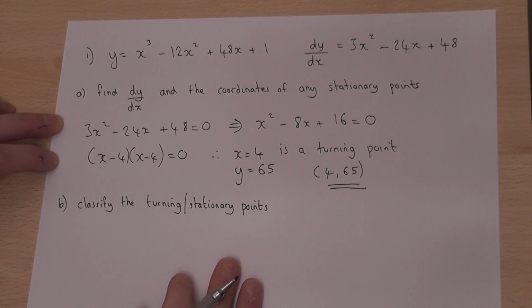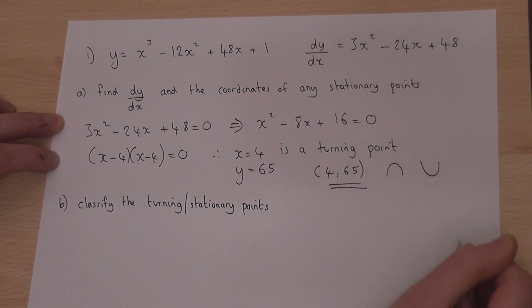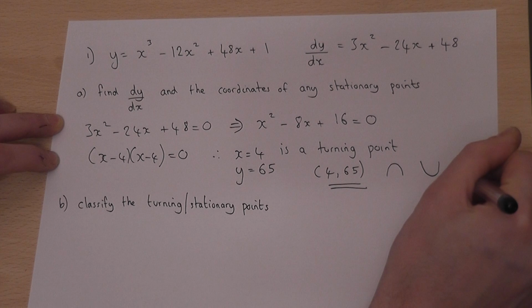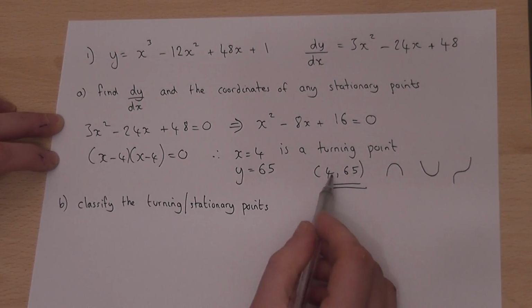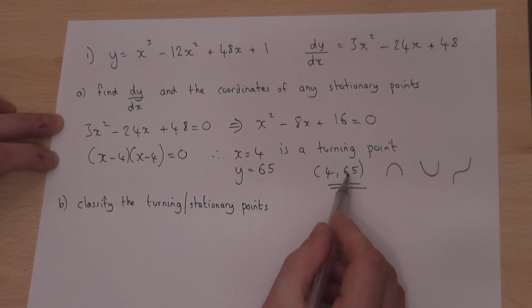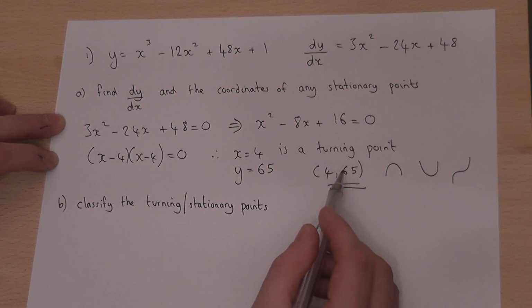Now this could either be a max or a min, or possibly some point of inflection. And to discover what this coordinate is, I can do the following. As a rule, it's often worth trying out what's called the second differential test first.